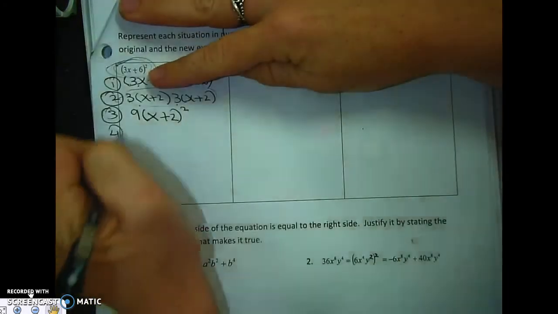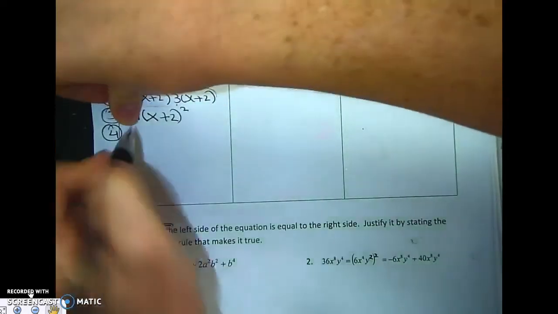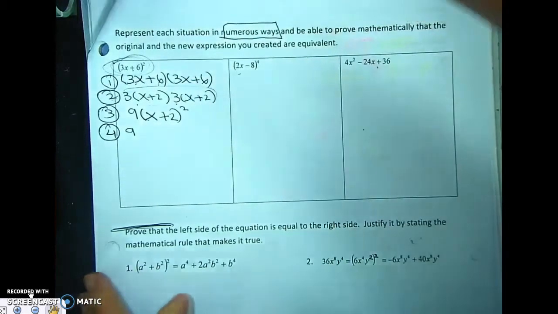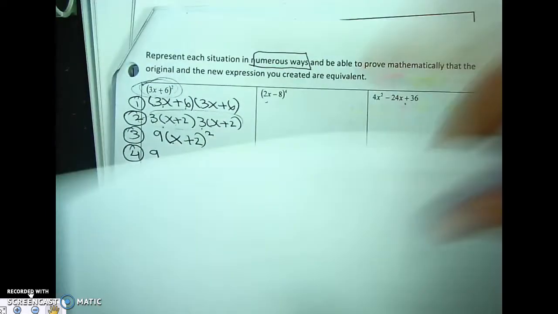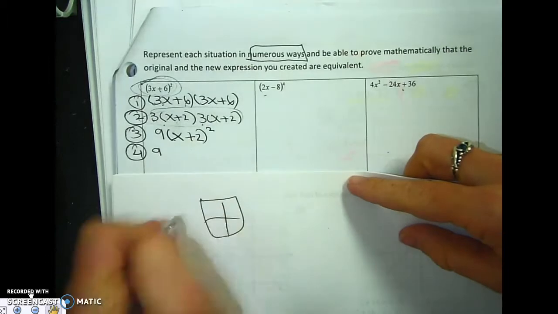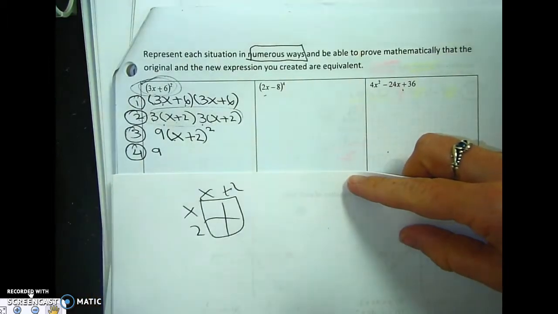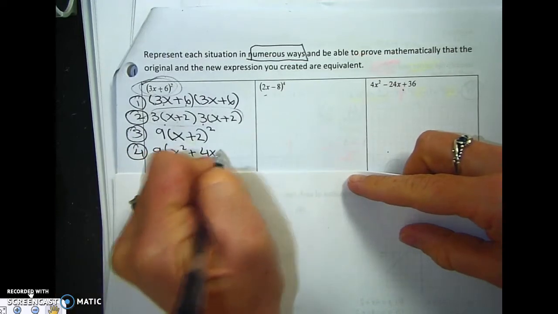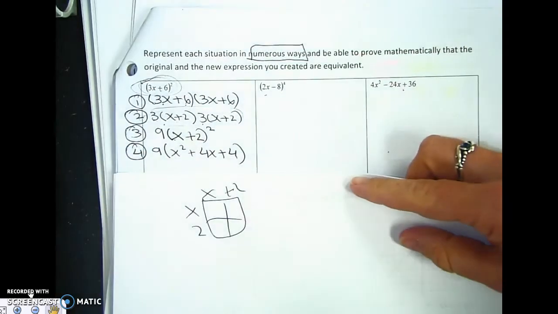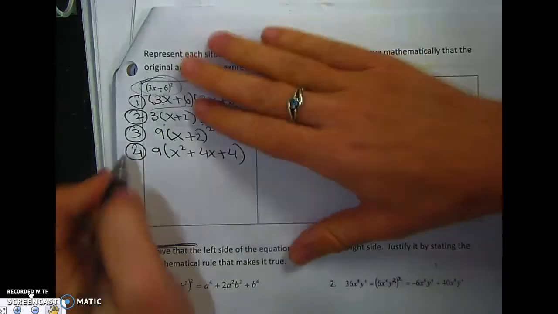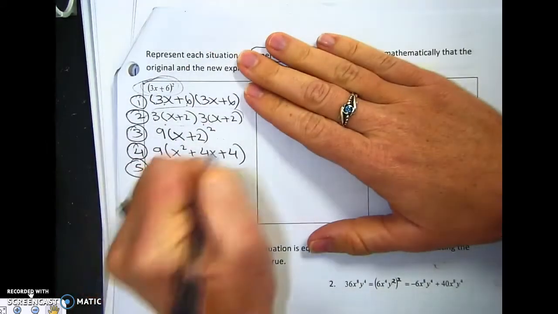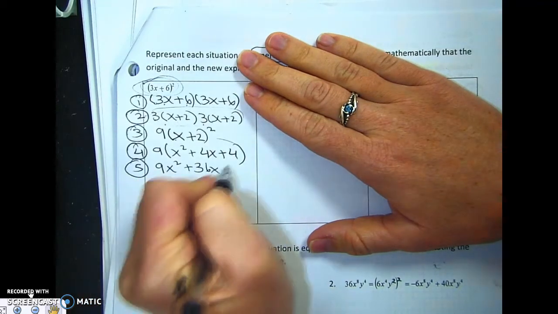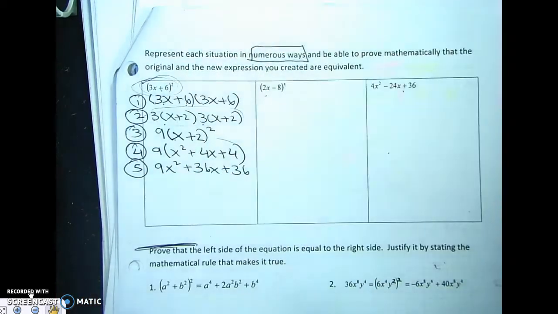Another way I could do this problem is I could keep the 9, and I can box out x plus 2, and then that would expand to x squared plus 4x plus 4. That's another way. Another way I could do it is I could distribute and get 9x squared plus 36x plus 36.